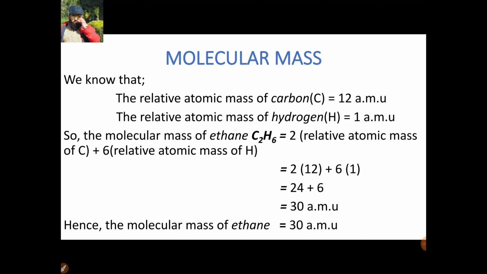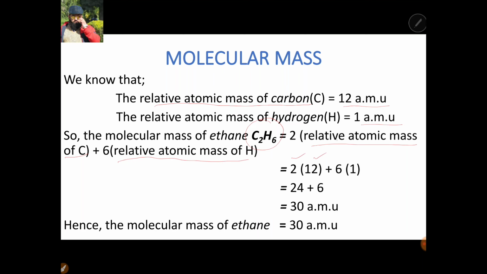So here I have solved this problem. I have calculated the molecular mass of ethane. We know that the relative atomic mass of carbon is 12 AMU, and that of the hydrogen atom is 1 AMU, and the formula of ethane is C2H6. So I have split this formula to calculate the relative molecular mass of ethane: 2 times the relative atomic mass of carbon plus 6 times the relative atomic mass of hydrogen.